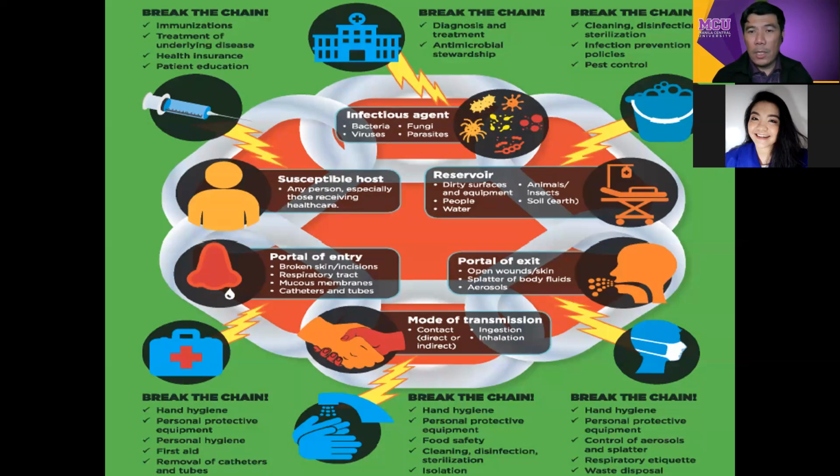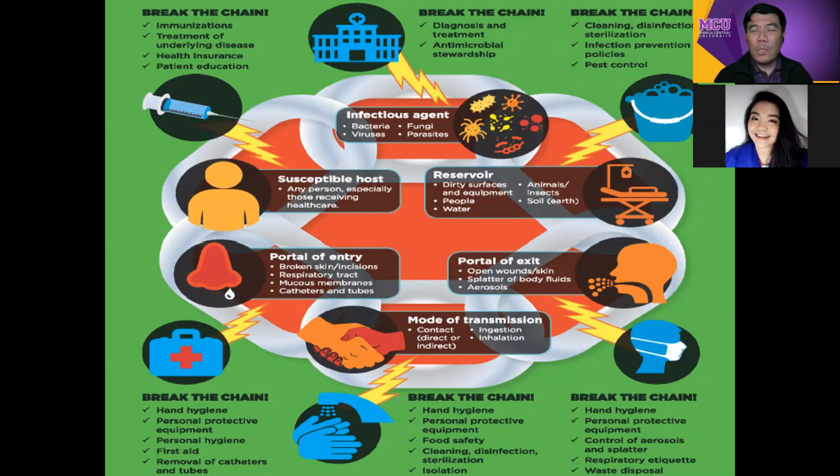Usually the rhabdovirus stays with infected animals, not just dogs, but any animals may have this rhabdovirus. It could only be prevented if the animals have the vaccination. So if the animals have already been vaccinated, it may prevent the portal of exit. So meaning you already break the chain.